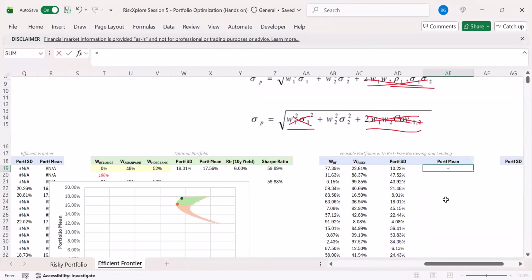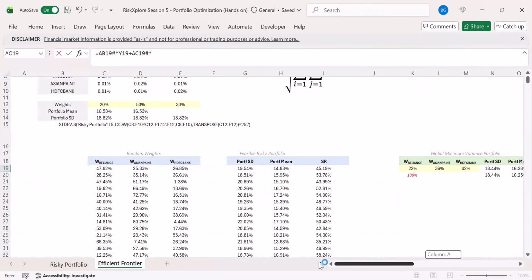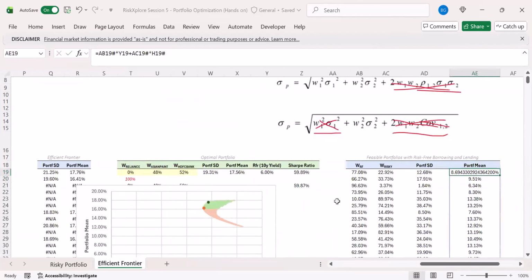It will be equal to the weight of the risk free asset multiplied by 6% plus the weight of the risky asset multiplied by the mean returns that we have here for each of the risky assets. Correct?